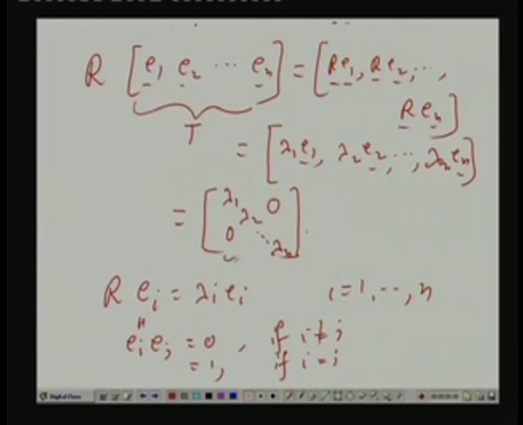You can call it the D matrix, times the eigenvectors E1 to En, which is nothing but the T matrix.